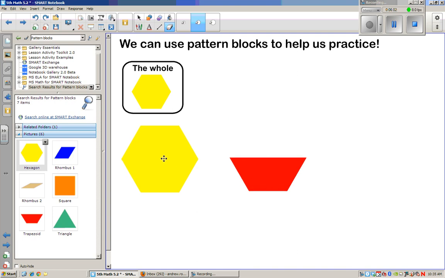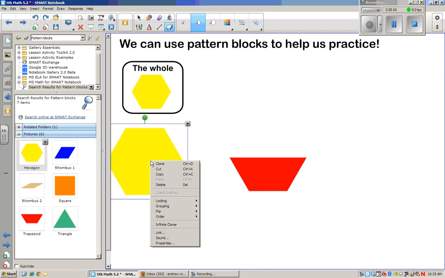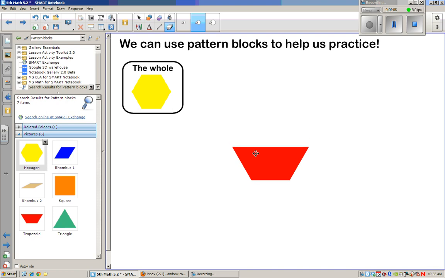If we put out just the trapezoid, I'll get rid of this big one. This trapezoid would equal 1/2, because half of a hexagon is a trapezoid.